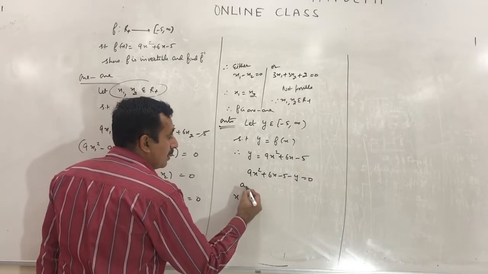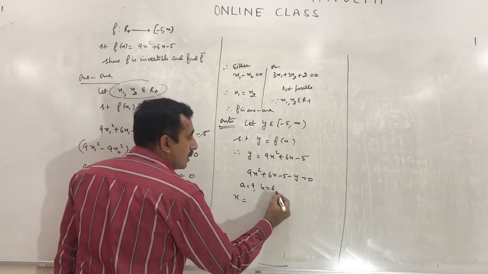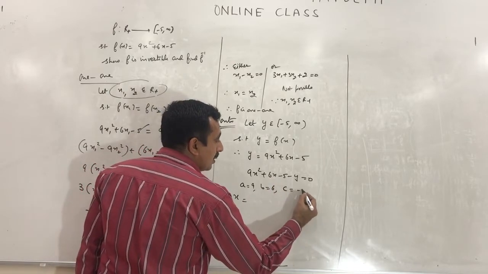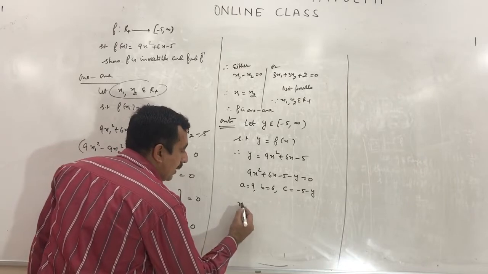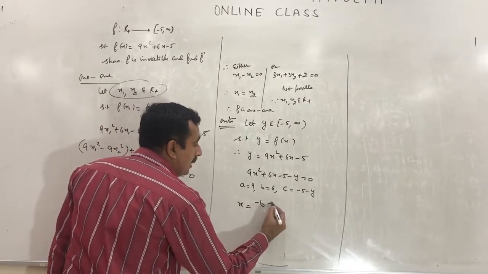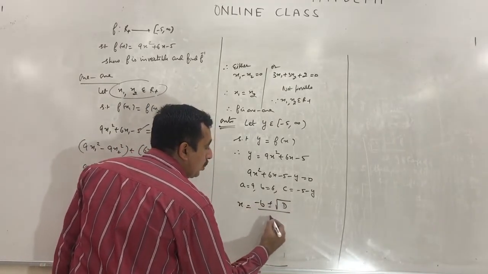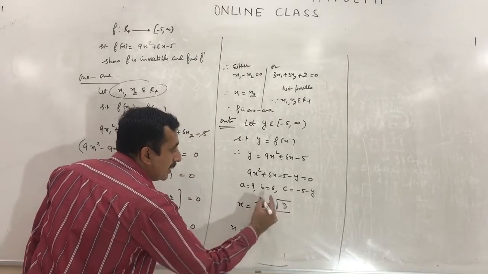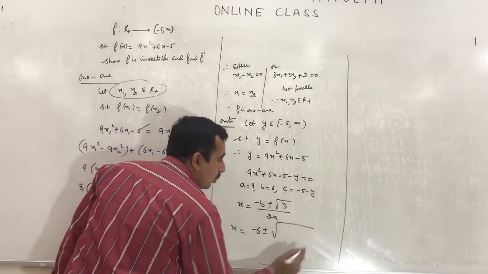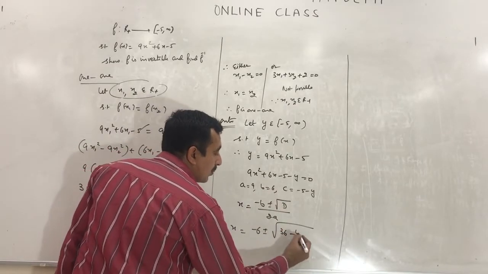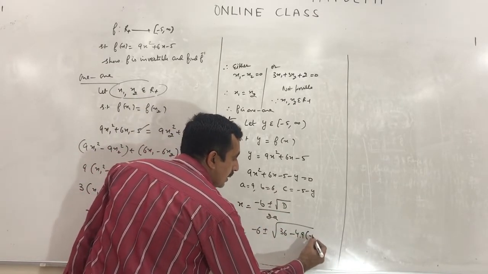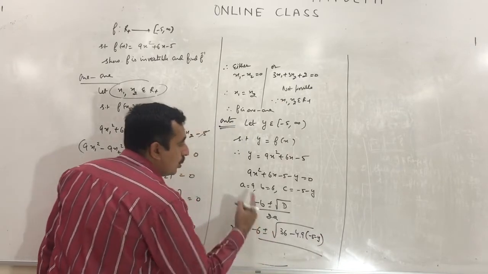What is a here? 9. What is b here? 6. What is c here? How can you find x? x = (-b ± √D) / 2a. So x is equal to minus b plus minus under root of what is D, b² - 4ac, divided by 2a.